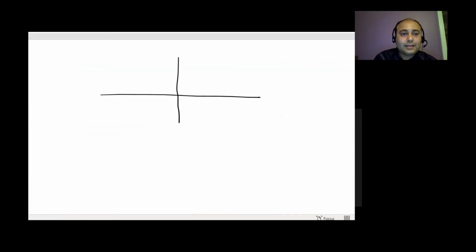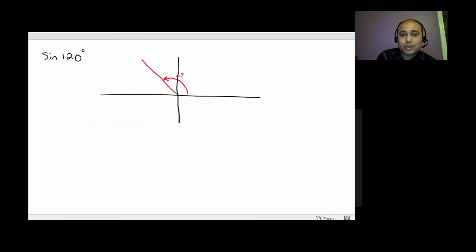If I get this angle, say sine 120 degrees, I want to find sine 120, which means we'll go from here all the way to here.